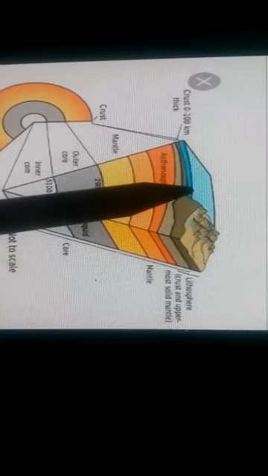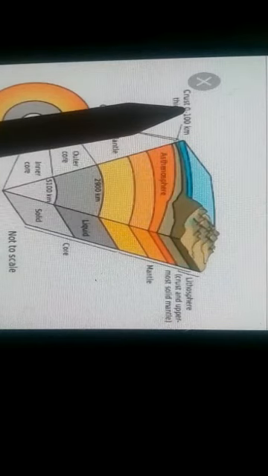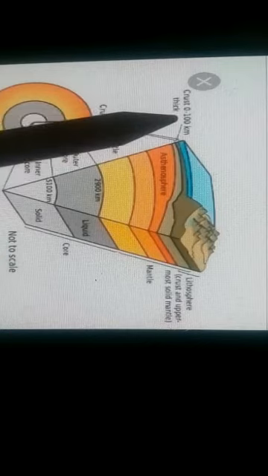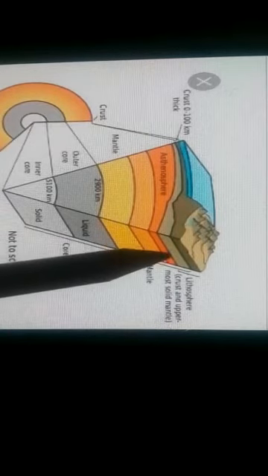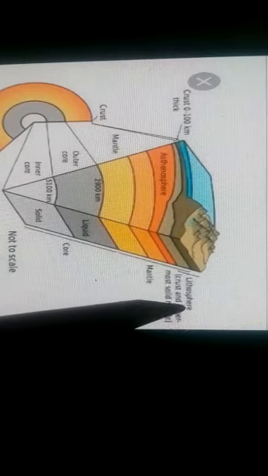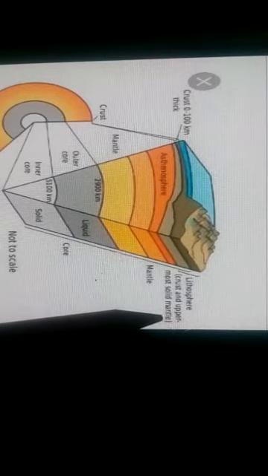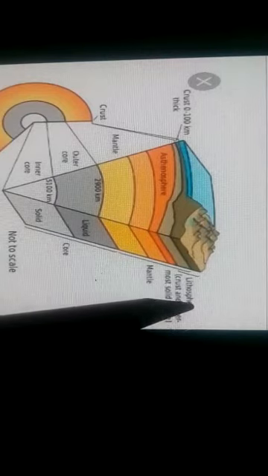First of all, there are different kinds of layers. So near about 0 to 100 kilometer thickness is only the crust. This crust is known also as the lithosphere. Crust and the uppermost solid mantle is called the lithosphere.